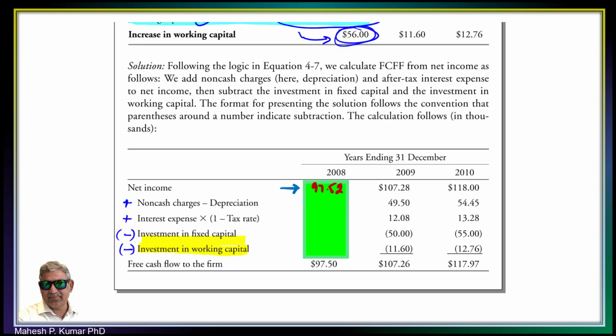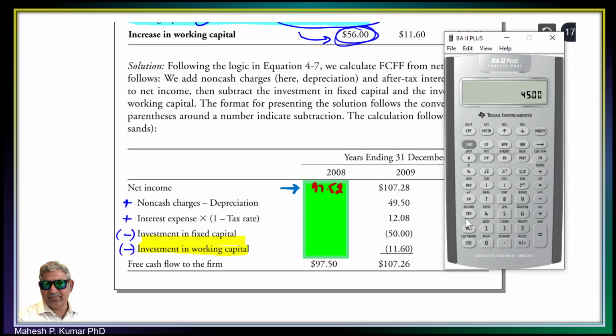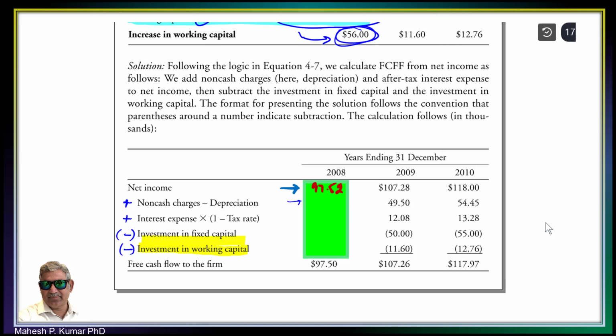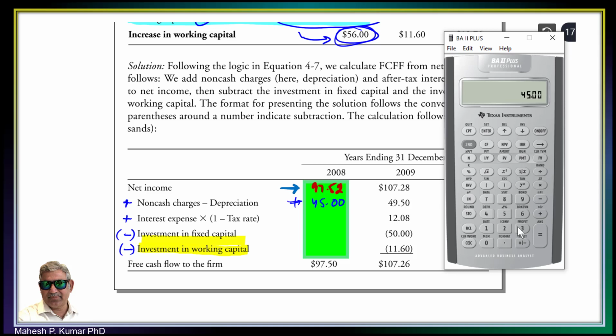So we recall the second memory spot, which is 45. This is non-cash charges and this would be an addition. The third is interest times 1 minus tax, which is in the third memory spot, 10.98.